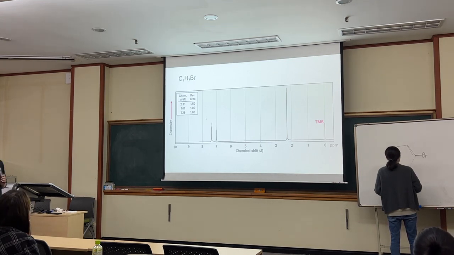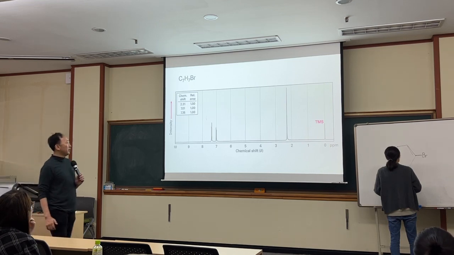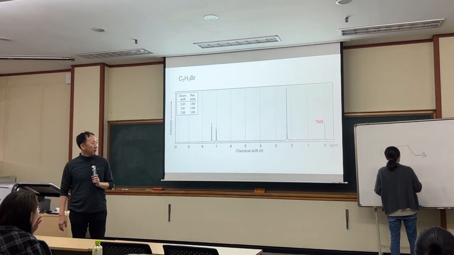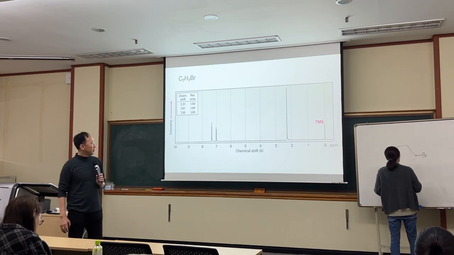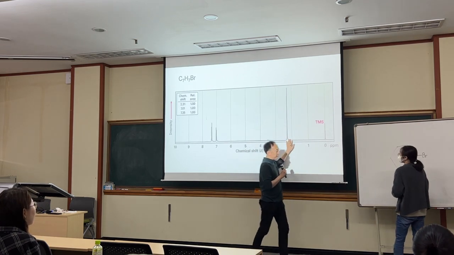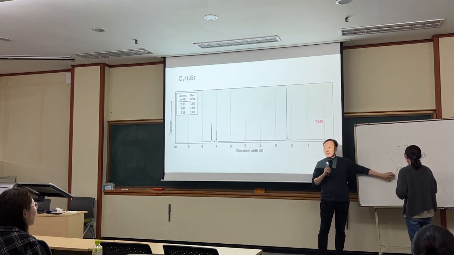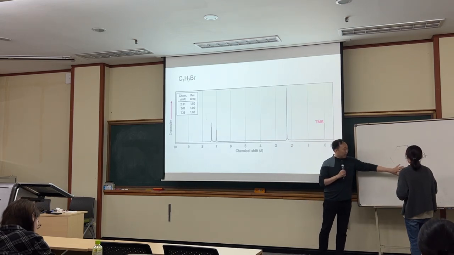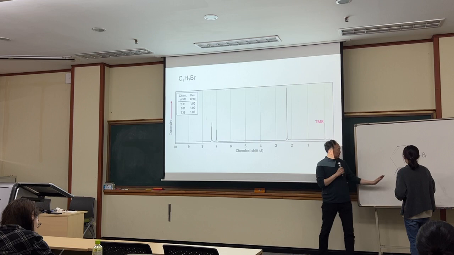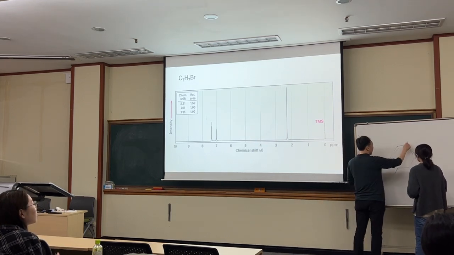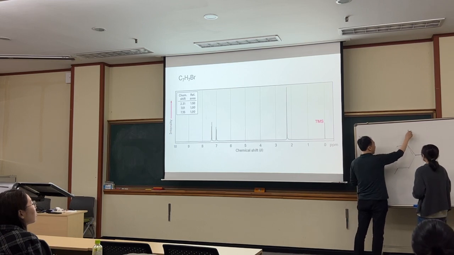Okay, carbon number 7, proton number 7. Seems like the atom number is the same. Atom number is correct. Now let's look at here. 3 protons may be matching with this benzene position, about 2 ppm something. Okay, matching. Now pattern of this. If you look at this, now this is meta position. Then if there's any proton here, this proton may be doublet.